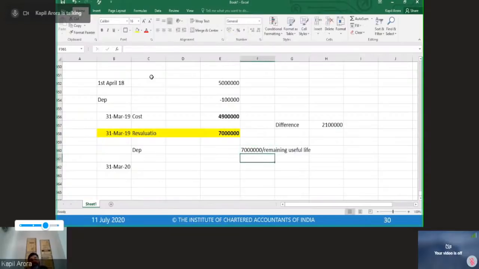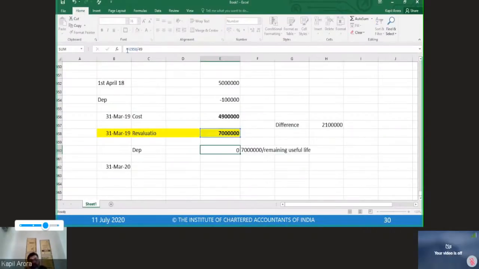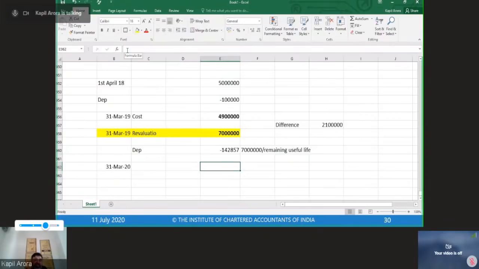What is the remaining useful life? Here it would be 70 lakhs divided by 49. So minus 1,42,857 and the closing value would be this.